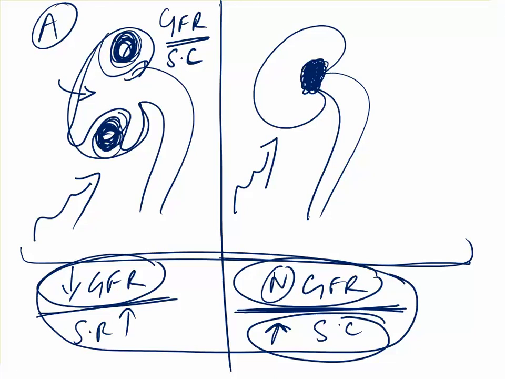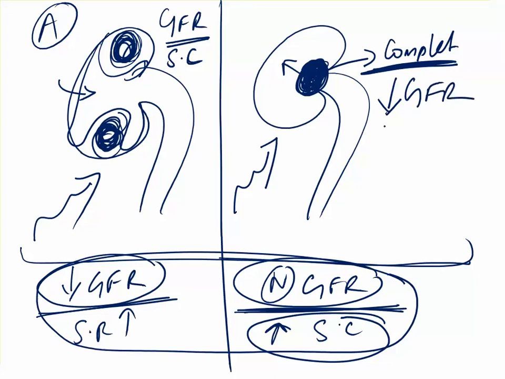Here, the tumor is in the pelvis. It is producing complete obstruction. Slowly backward pressure happens, so GFR will be affected. GFR will be reduced and there will be an increase of serum creatinine.